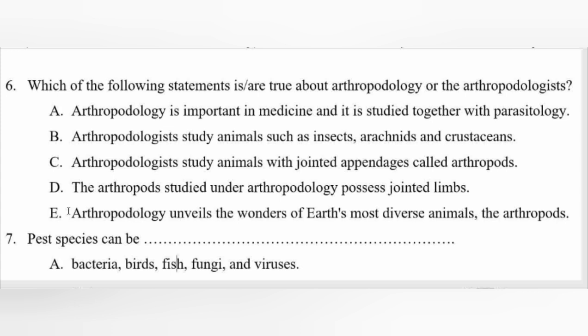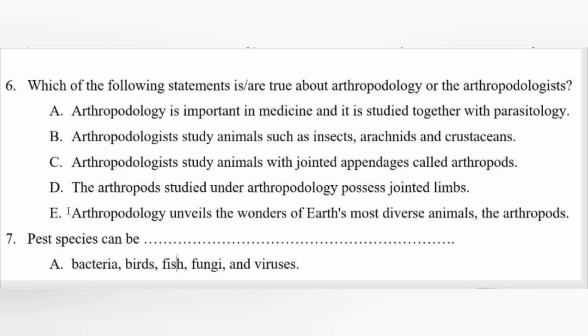Anthropology and anthropologists. An anthropologist is someone who studies anthropology or who has specialized in the field of anthropology. And then anthropology is the study of arthropods. Now, what are arthropods? The word comes from arthron and pod: animals with jointed appendages.